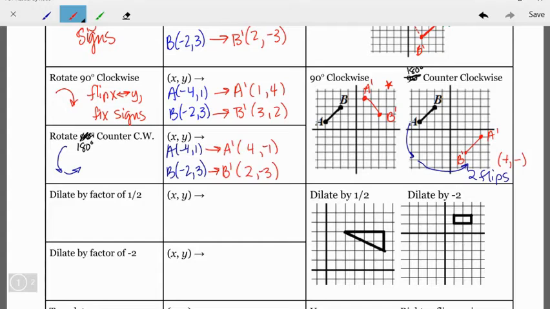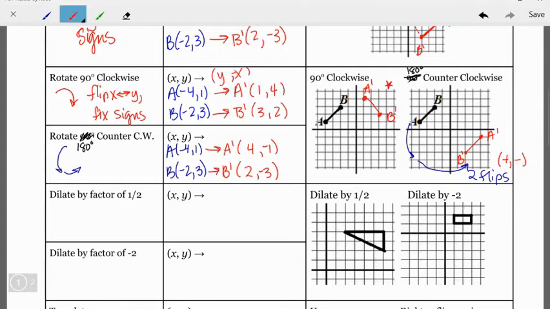So let's go ahead and write out the rules that go with this. Again, I find it easier to figure out how many 90-degree turns. I flip my X and Y for each turn, and then just fix the signs for whatever quadrant I end up in. So for the 90-degree rotation, what happened is we flipped our X and our Y, and we changed the sign on that X value.